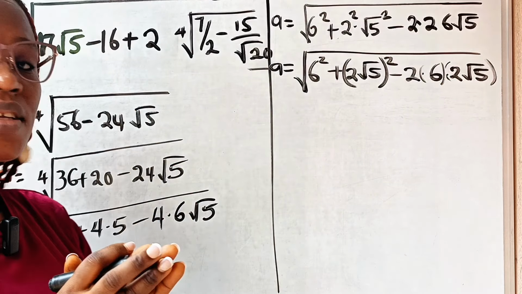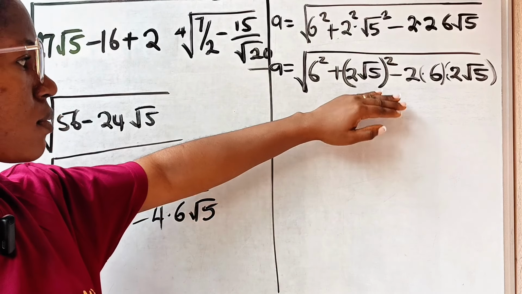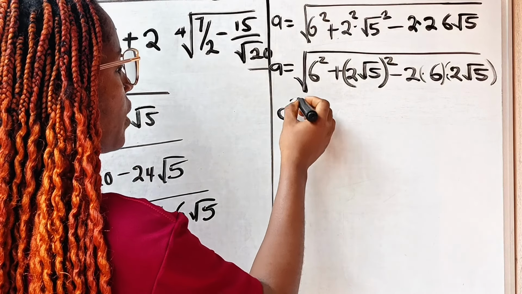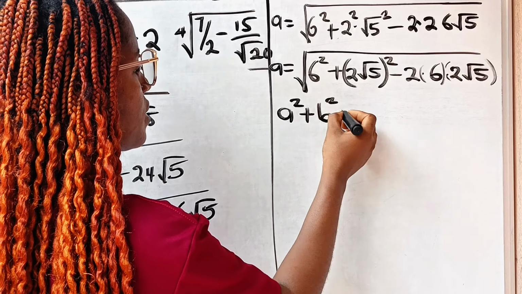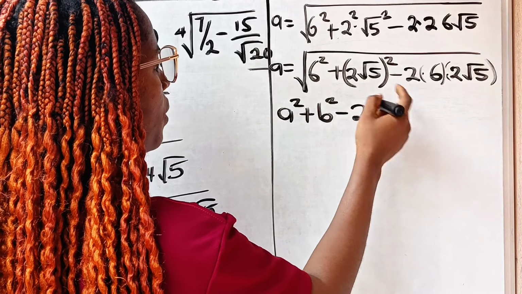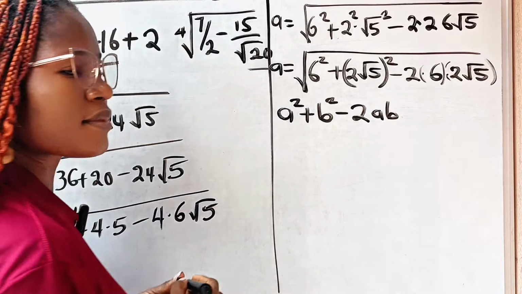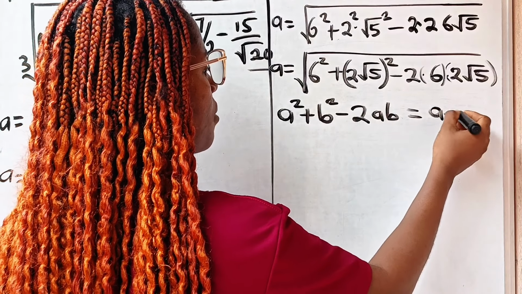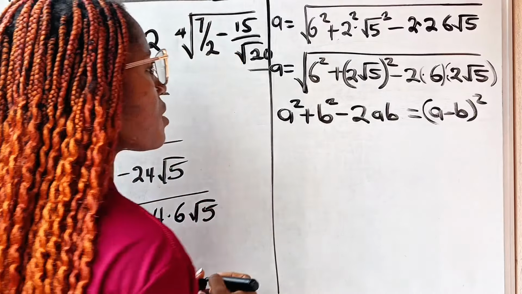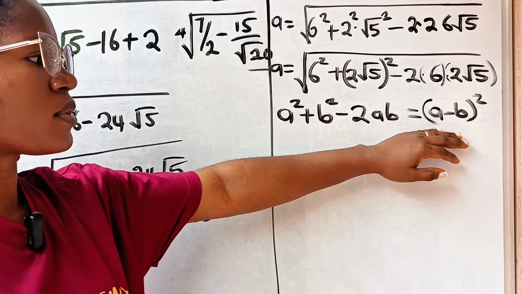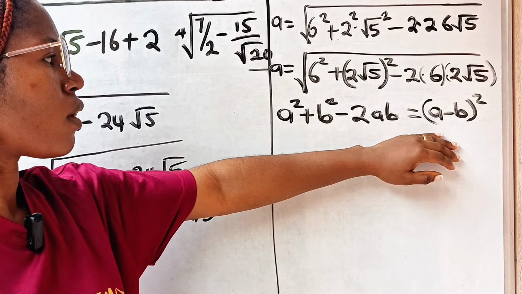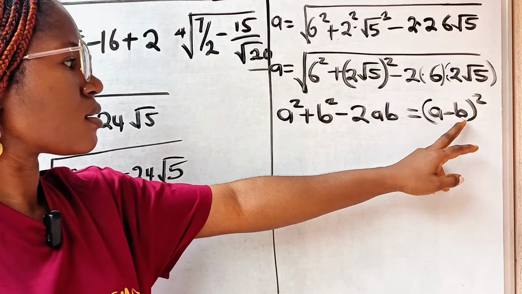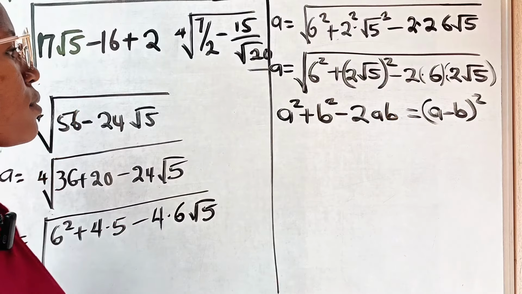All right, perfect. Now, if you look at this, this looks exactly in this form: a squared plus b squared minus 2ab, which is the same as a minus b all squared. So, since I have formed this identity, in this case, our a is 6 and our b is 2 root 5.